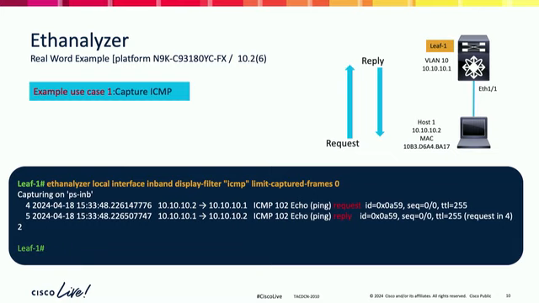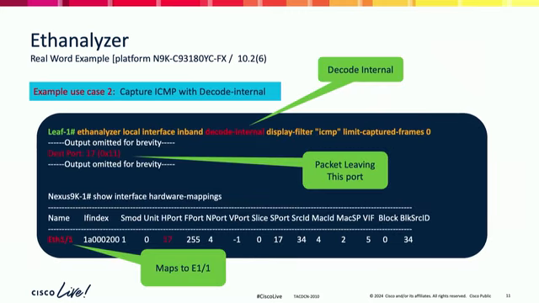What if you wanted to verify where this ICMP reply is sent out? We can use Ethanalyzer with the option decode internal. Like in this case, this ICMP reply is sent out on destination port 17, which maps to front panel port Ethernet 1/1. I used the command show interface hardware mapping to find that.